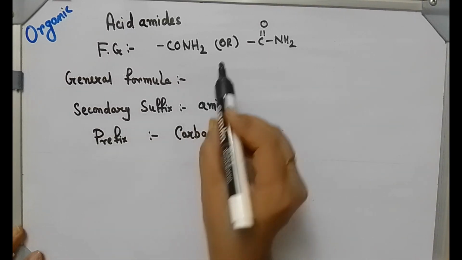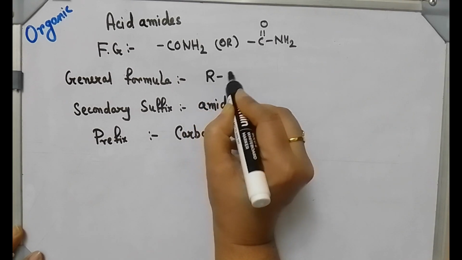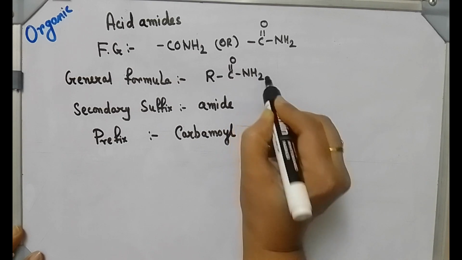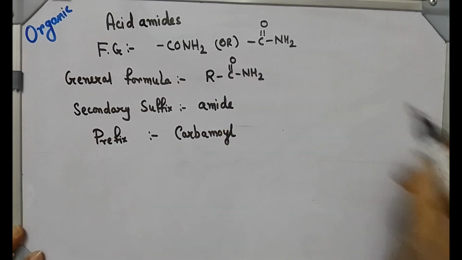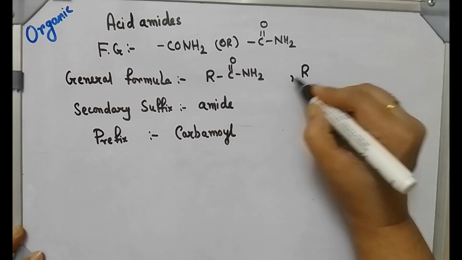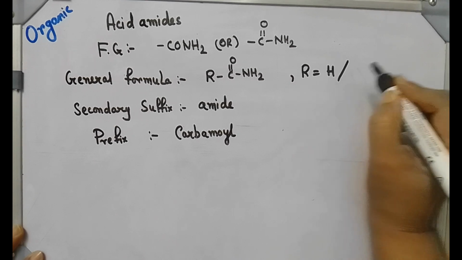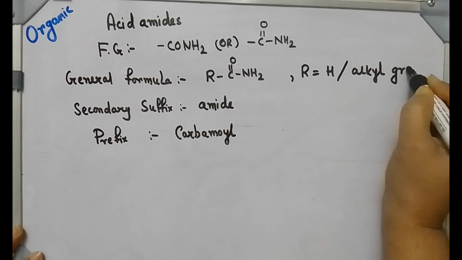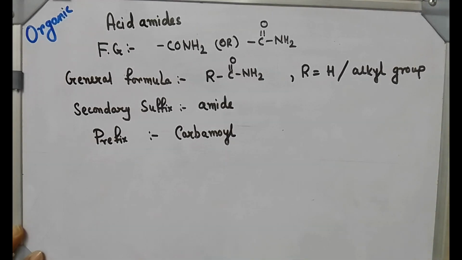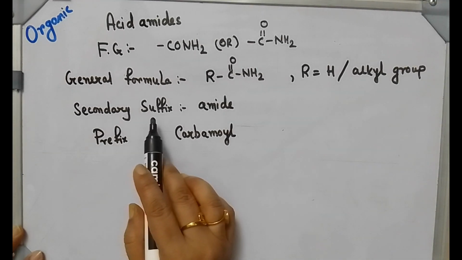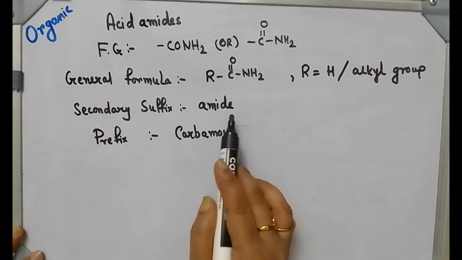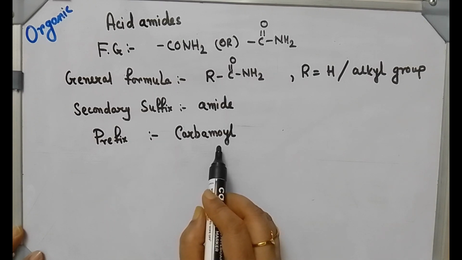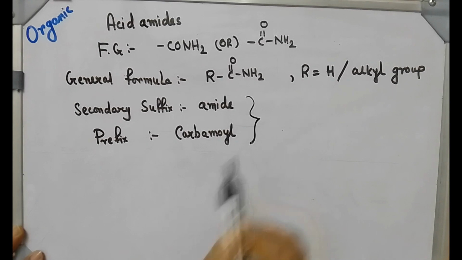Now general formula will be RCONH2, where R may be H or alkyl group. For secondary suffix, name will be amide. For prefix, carbamoyl. Okay, for IUPAC name.